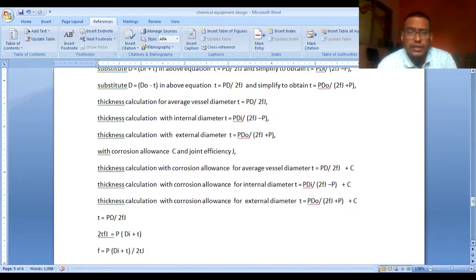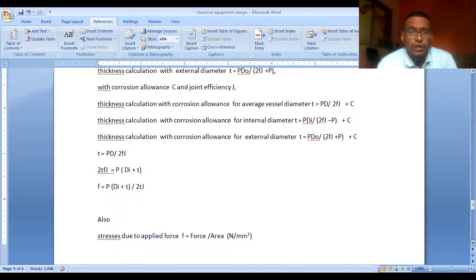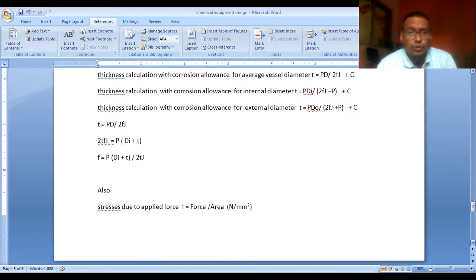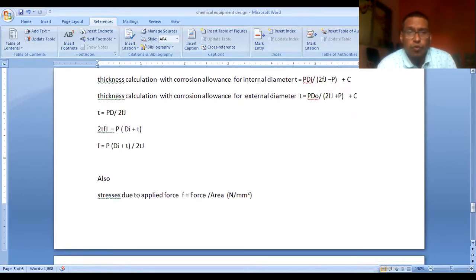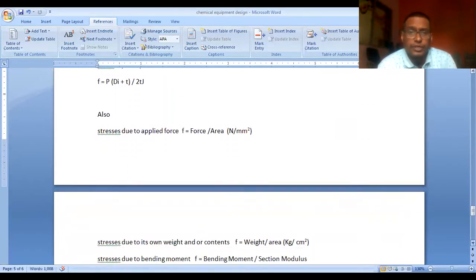Then the same equation can also be simplified in terms of the stresses. The thickness equal to PD upon 2Fj can be simplified to calculate the stress F, which is equal to P(Di plus T) upon 2Tj. Similarly, you can calculate it for the outer diameter also. The stresses due to the applied force, which is force per unit area, can have units of Newton per millimeter square.